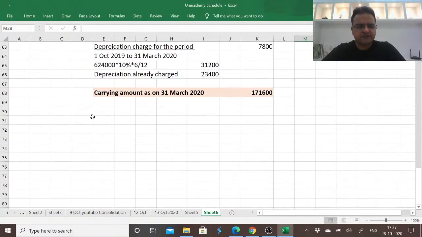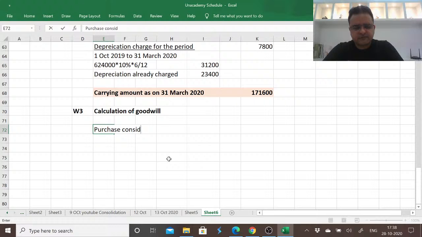Working note number 3 is calculation of goodwill. For calculation of goodwill, we need purchase consideration.